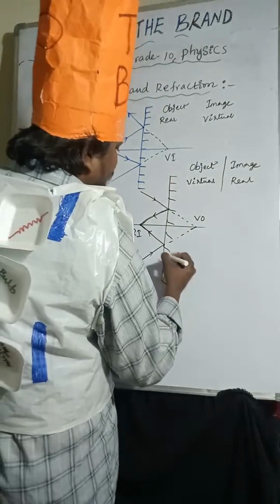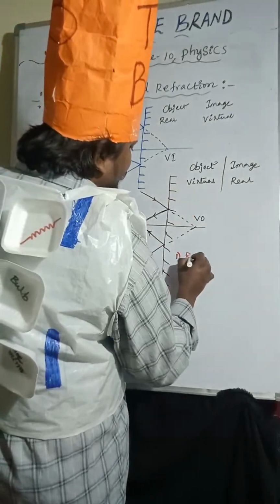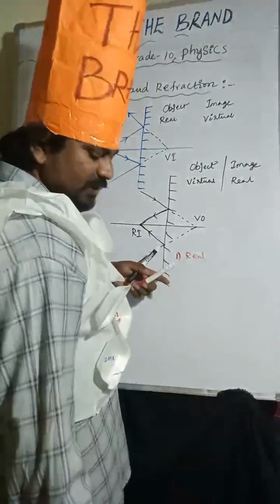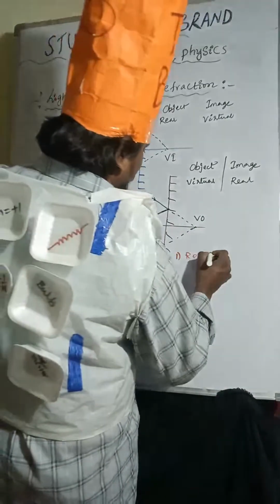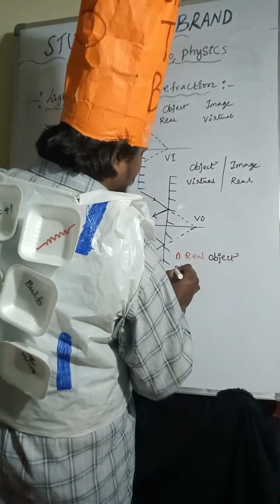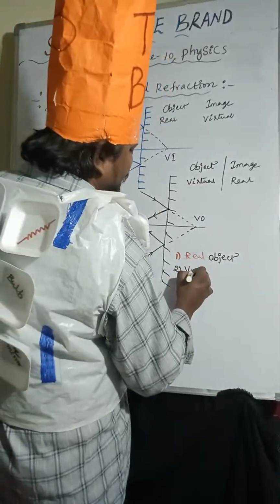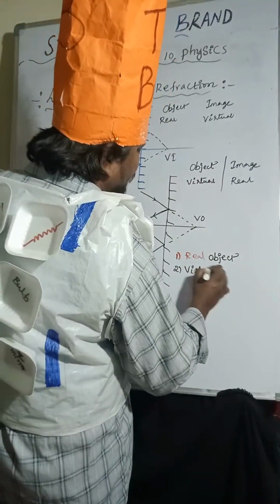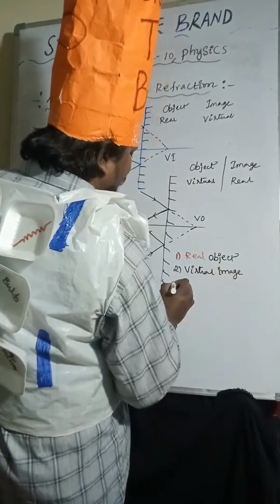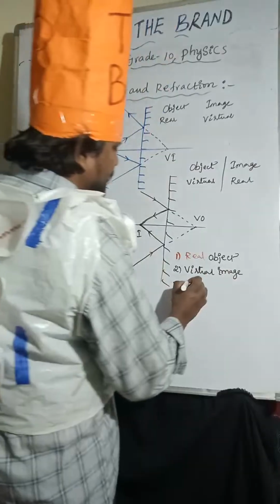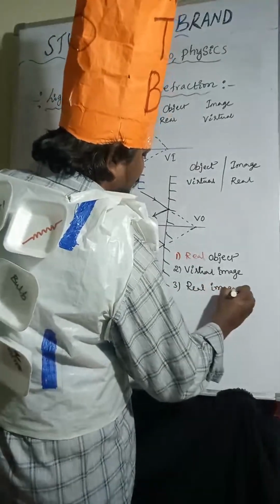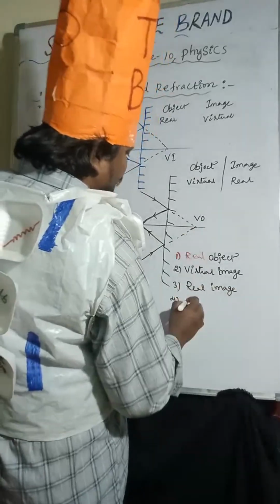First point is real object, the second one is virtual image, the third one is real image, and the fourth one is virtual object.